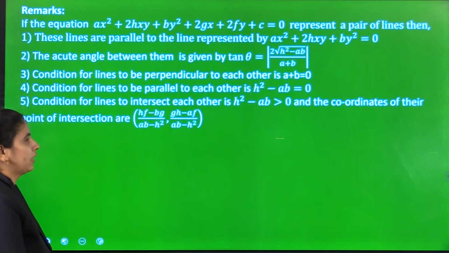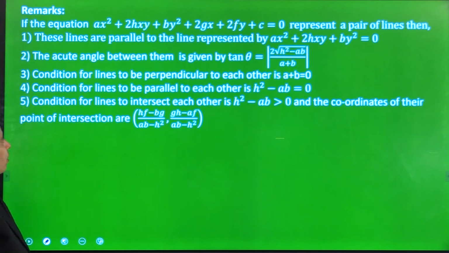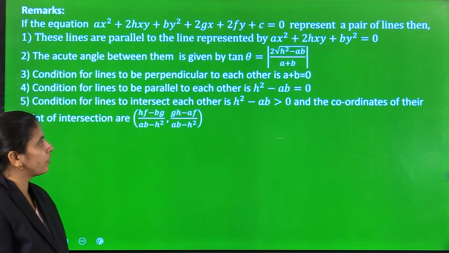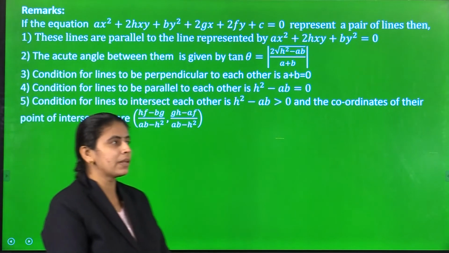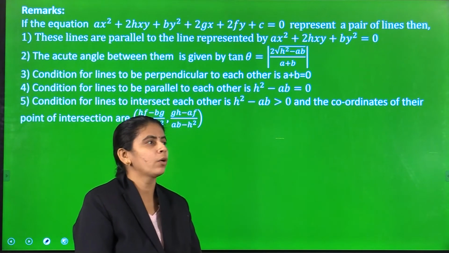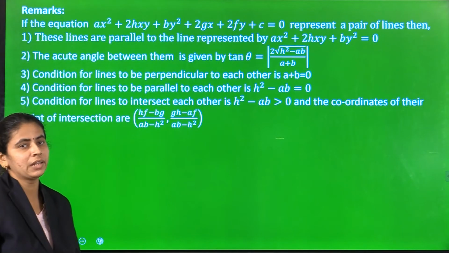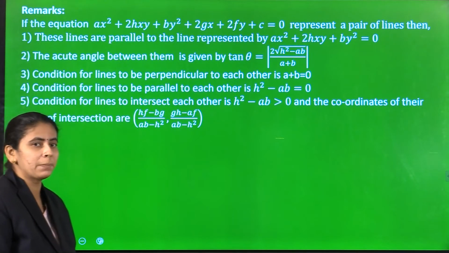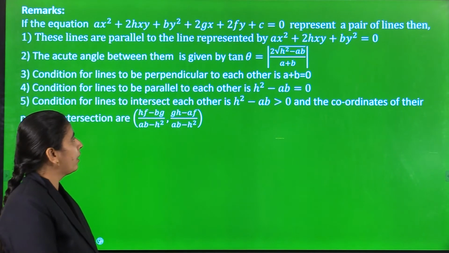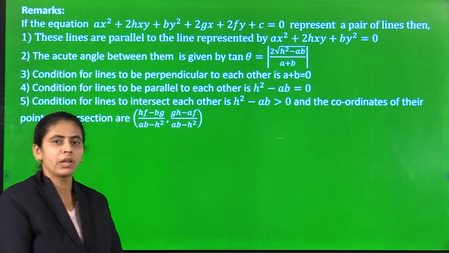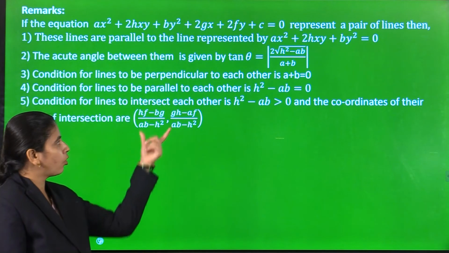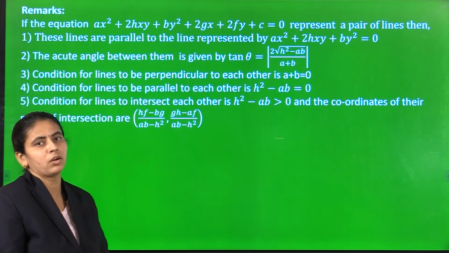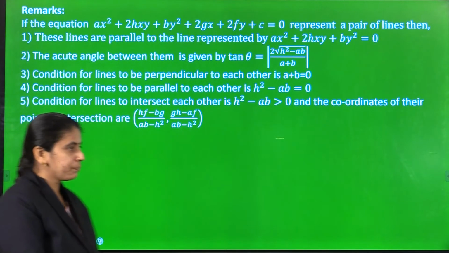And the next remark is the condition for lines to intersect each other is h square minus ab greater than 0, and the coordinates of their point of intersection are (hf minus bg upon ab minus h square, gh minus af upon ab minus h square). These are the coordinates of the point of intersection of the two lines. Okay.